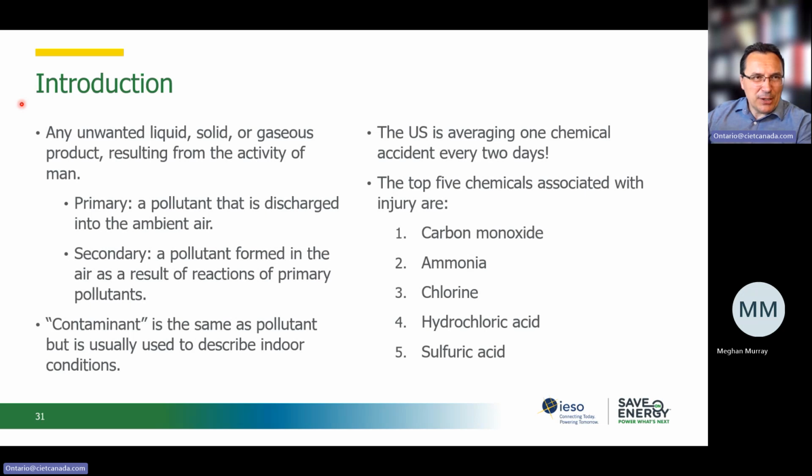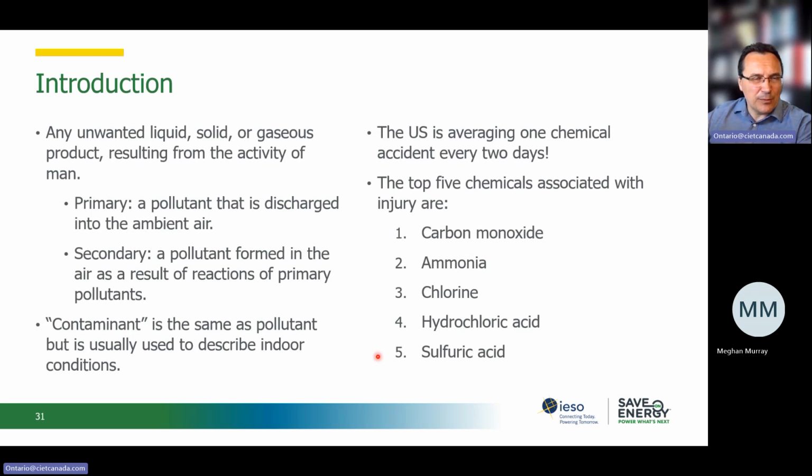So talking about contaminants, we see various substances, various chemicals. Very often accidents are related to one of these five listed here: carbon monoxide, ammonia, chlorine, hydrochloric acid, or sulfuric acid, as a result of many of the industrial processes in our buildings.